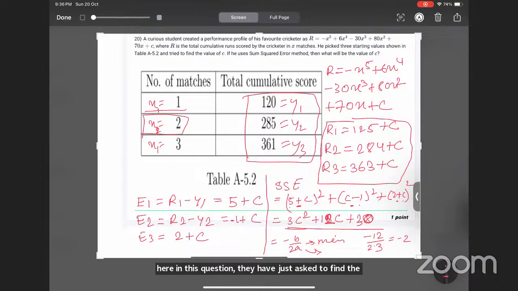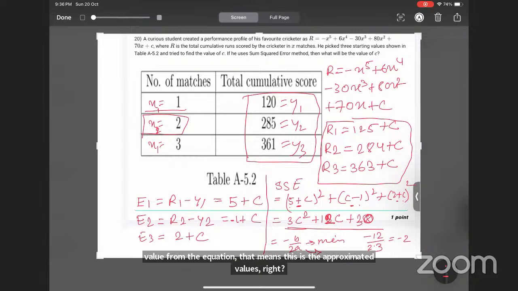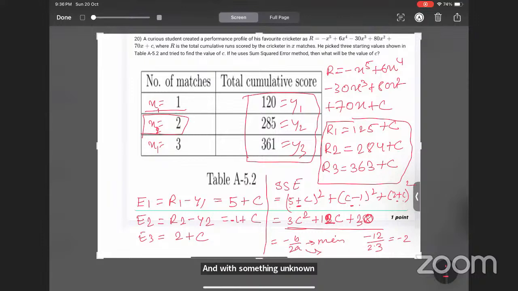But we need the best approximation, right? If we are finding the value from the equation, that means these are the approximated values, with some unknown constant C. And in this chart, we have the actual values.